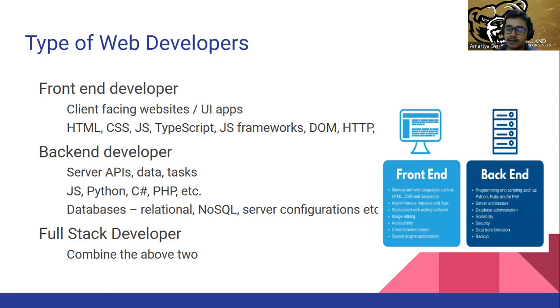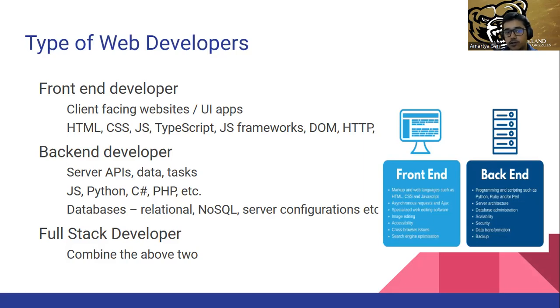Whenever you mix the tasks of front-end and back-end development together, that is, you yourself are responsible for developing both of these tiers, that is known as a full stack developer. So essentially, these are the three different types of web developers out there.